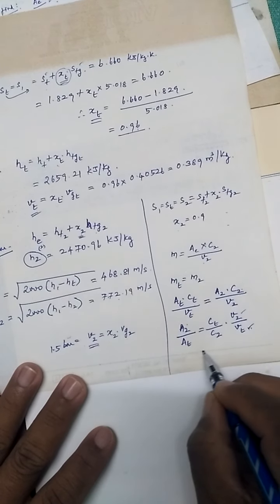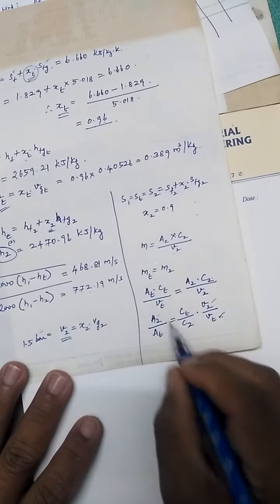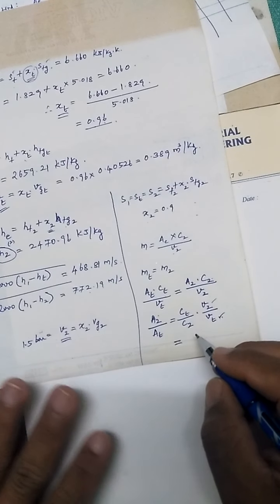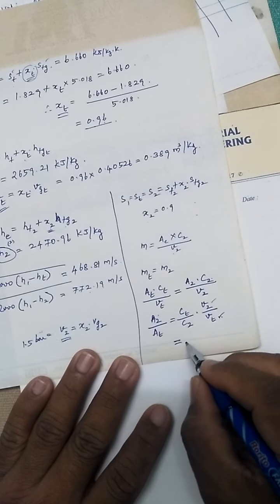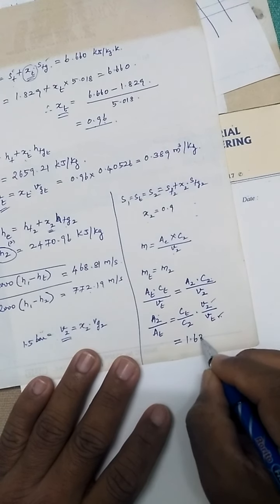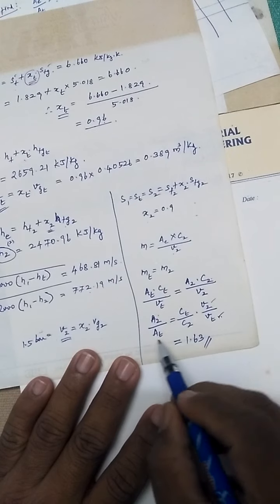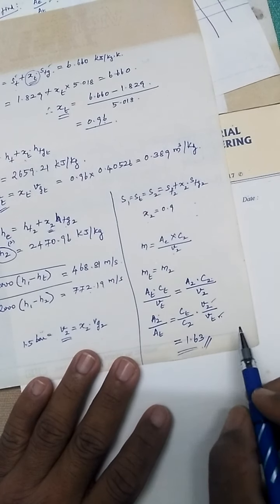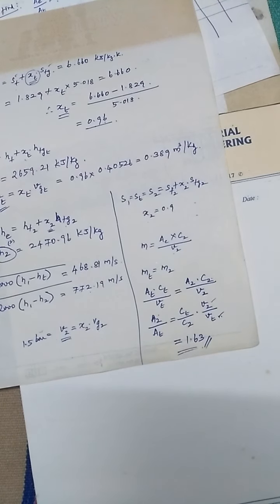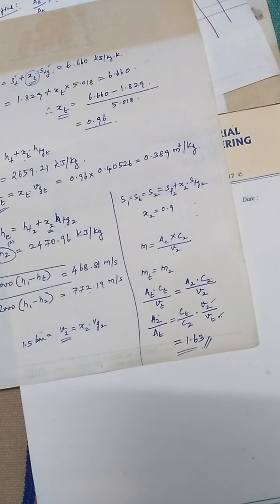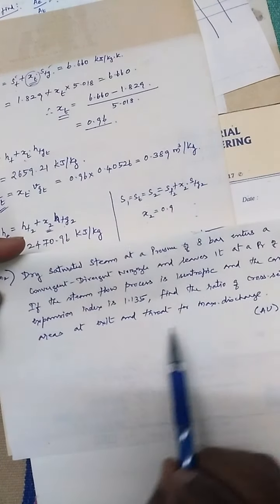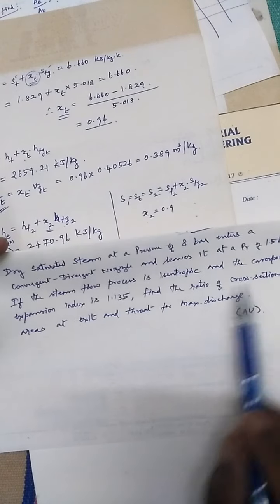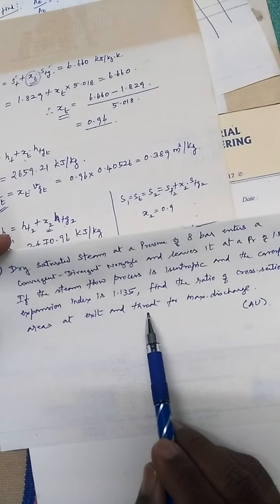So putting all these values, I am getting A2 by AT, that is the exit cross section to the throat cross section ratio, around 1.63. So A2 by AT ratio comes like 1.63. This is the answer, because the question asks to find the ratio of cross sectional areas at the exit and throat.